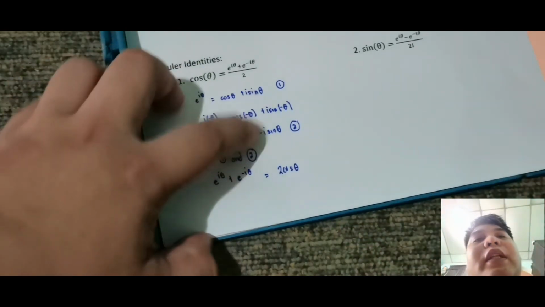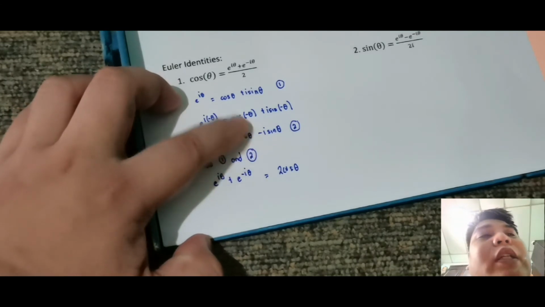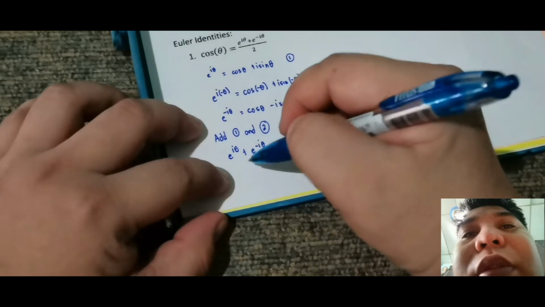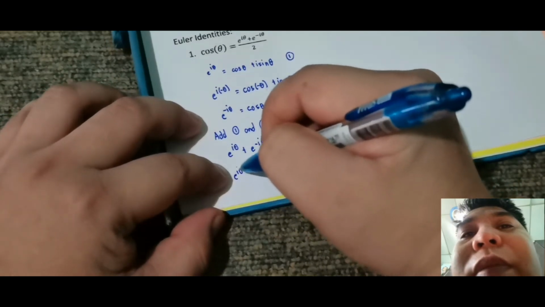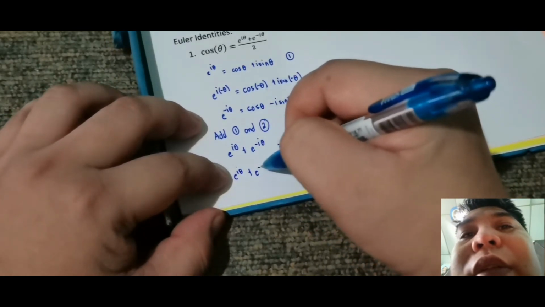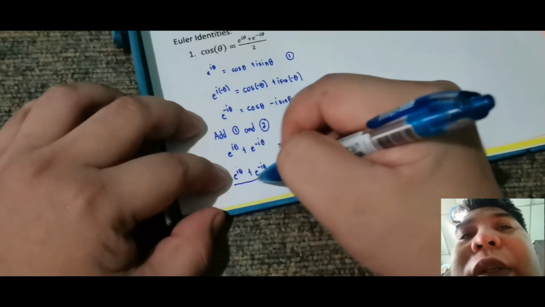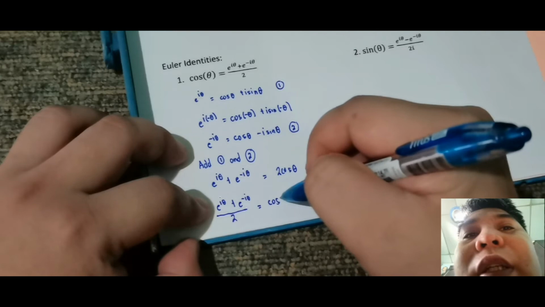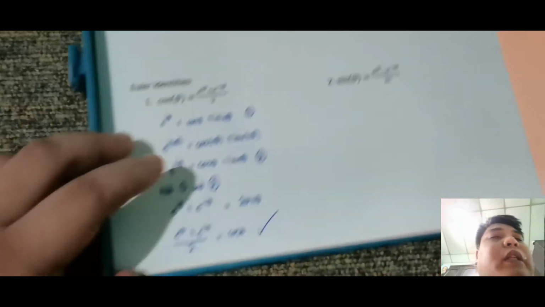Okay, I sin theta minus I sin theta is 0. So, therefore, divide both sides by 2. So, this is e raised to I theta plus e raised to negative I theta all over 2 is equal sa cosine theta. So, okay, na-derive natin siya tama.